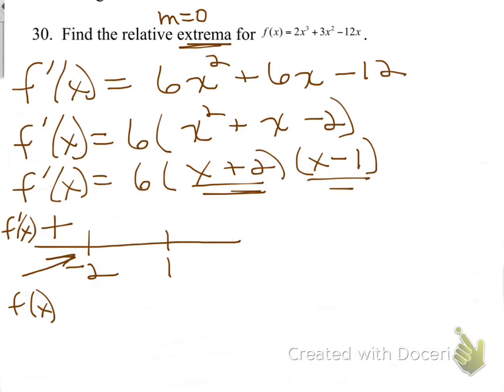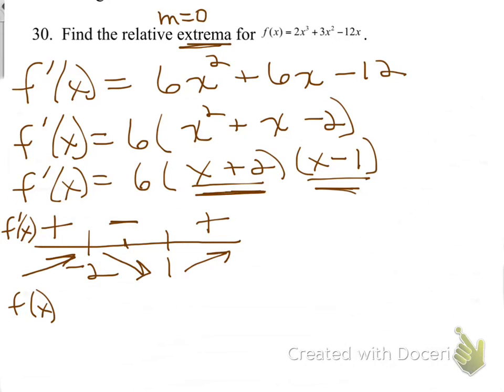Then pick a number in this interval, and I'm going to pick a 0. So I'm going to have a 2 times a -1, that'll be negative, and therefore my function is decreasing. Now let's pick a number to the right of 1, so let's pick 2, and that's going to be a positive times a positive is a positive, so my function is increasing.